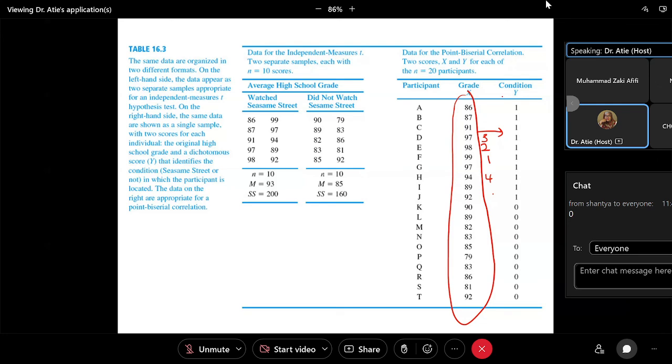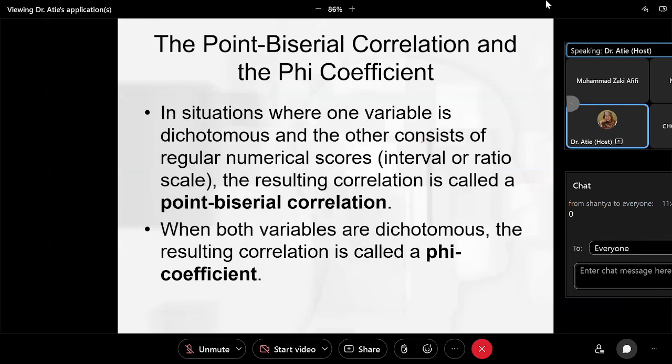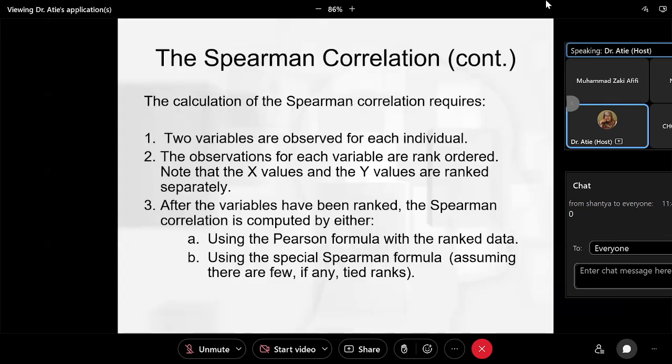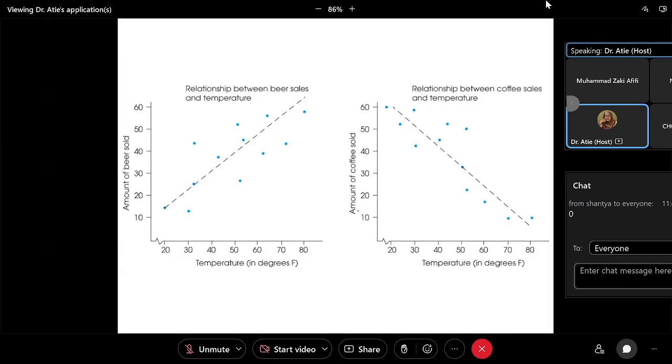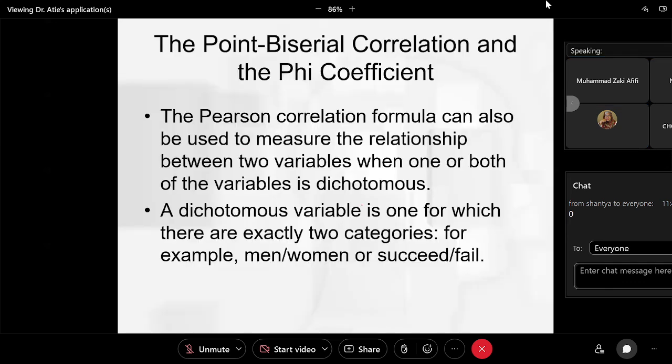So this one is rank, based on the score. If you change from quantitative score data to rank, then you need to use Spearman correlation.